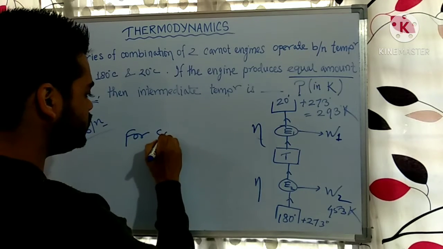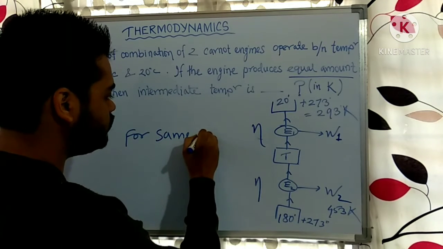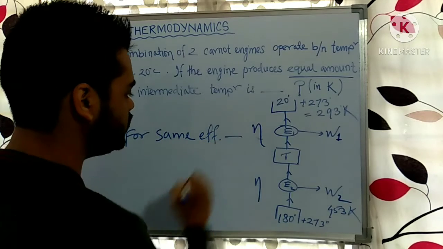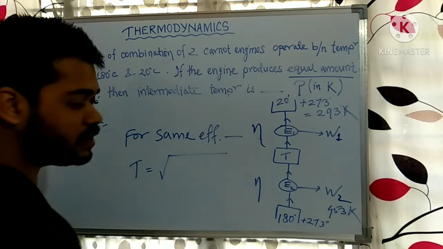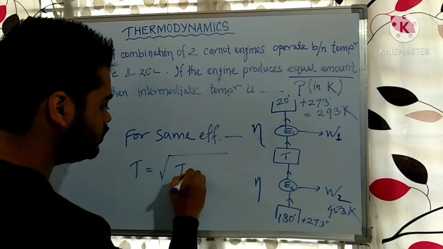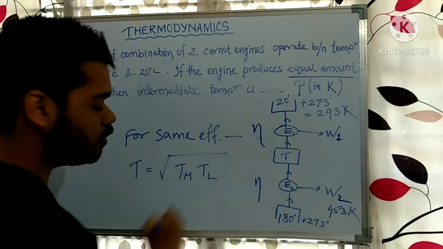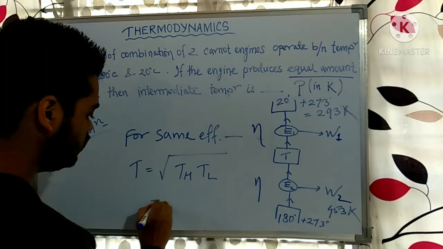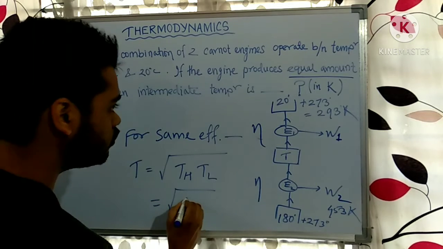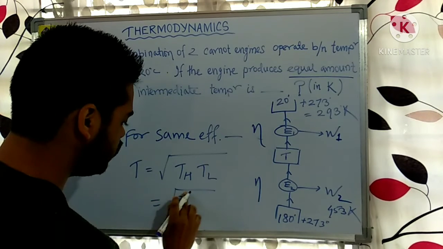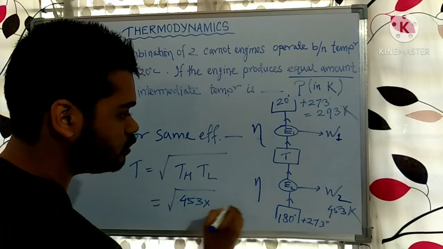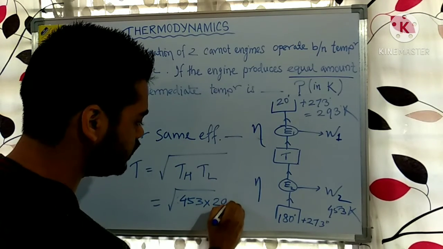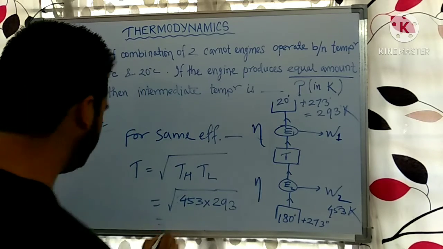For same efficiency, the intermediate temperature will be the geometric mean of T higher and T lower. Remember, okay, so square root of 453 into how much? 293. The answer will be in Kelvin.